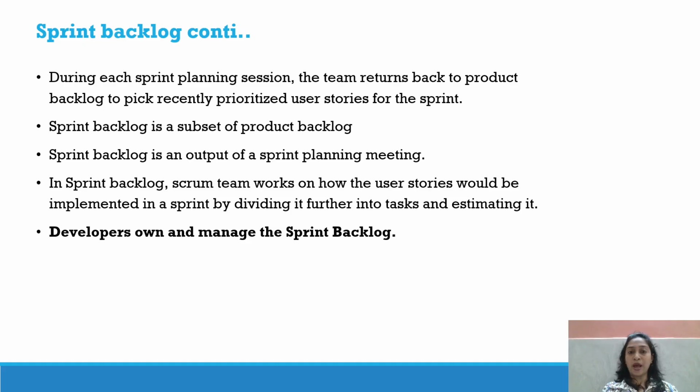In the sprint backlog, the Scrum team works out how the user stories would be implemented in the sprint by dividing them further into tasks and estimating. You can create a hierarchy of subtasks for any user story if it's a large one. Developers own and manage the sprint backlog. The product owner owns the product backlog.